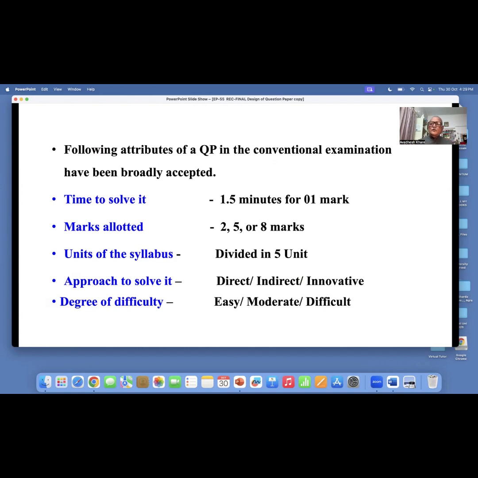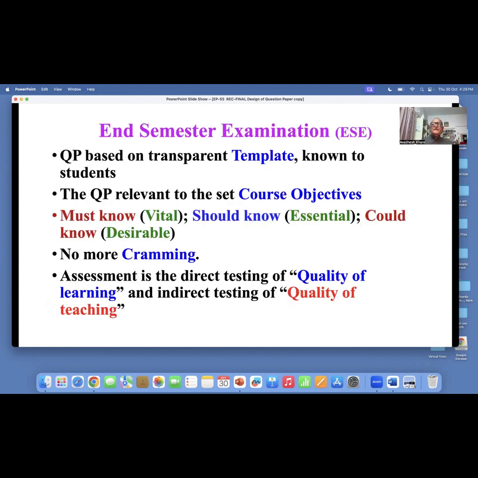The marks allotted may be 2, 5 or 8. Units of the syllabus are generally 5 units. The approach to solve the question is direct, indirect, or innovative, and the degree of difficulty is easy, moderate, and difficult.